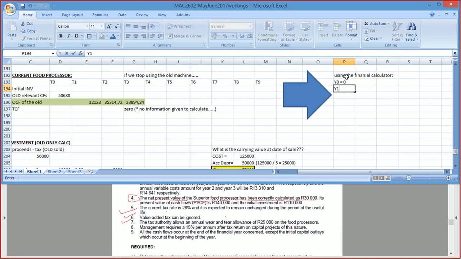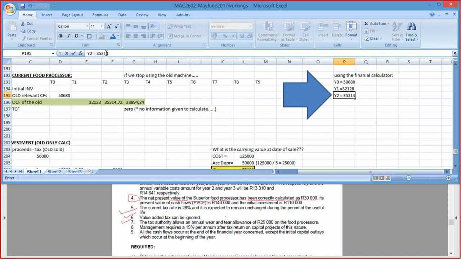Okay, so year 0 is 50680. Year 1 is 32128.